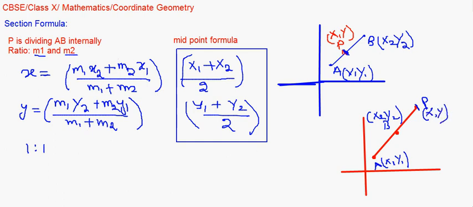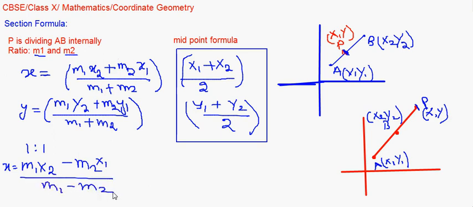Herein the section formula, which will give the x coordinate of this point P, as m1:m2, I just write x equals (m1 x2 minus m2 x1) by (m1 minus m2).